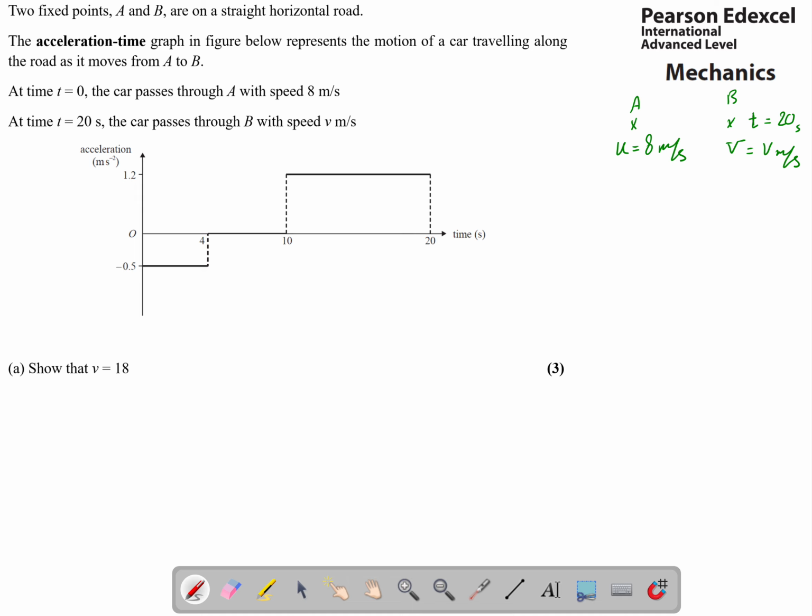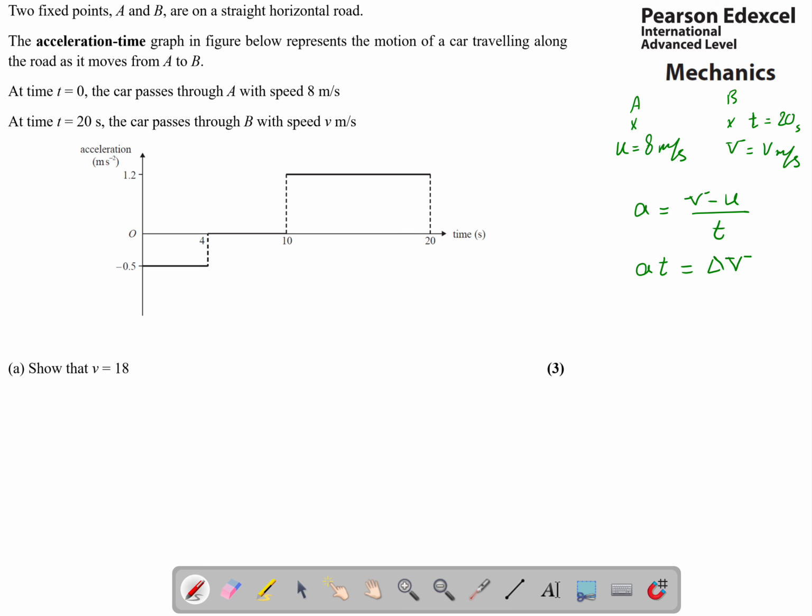Okay, so from the acceleration time graph, the area under the graph shows the change in velocity. Since a equals v minus u divided by t, if you multiply a by t, it will give you the change in velocity. It means final velocity minus initial velocity.